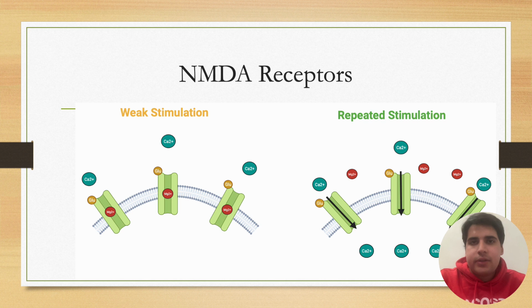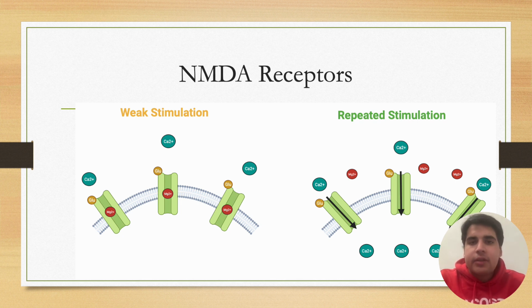Now let's talk about NMDA channels. These channels are very similar to AMPA channels that we talked about, as they also bind to the glutamate neurotransmitter. However, there is one big difference. As you can see, under normal conditions, there is a magnesium ion that blocks these channels and prevents ions from passing through. Furthermore, NMDA receptors are permeable to both calcium ions and sodium ions.